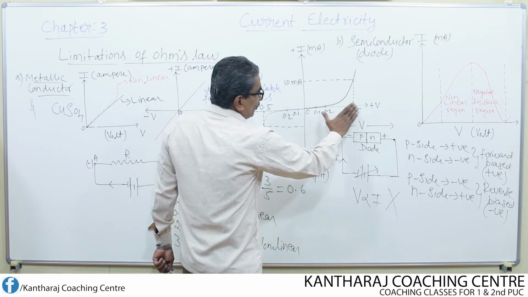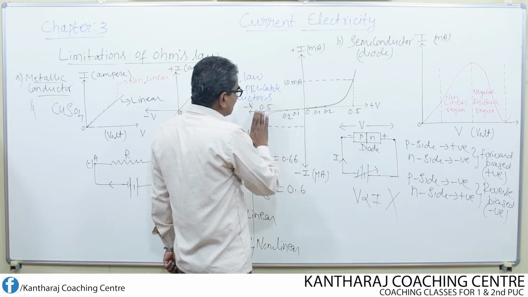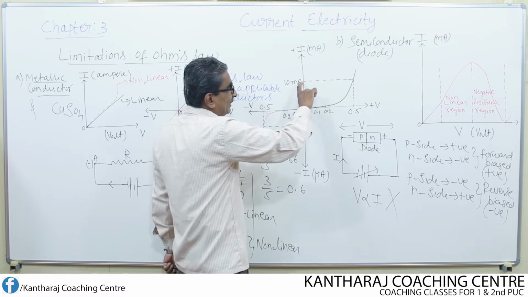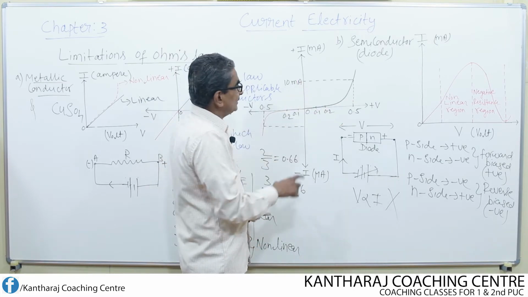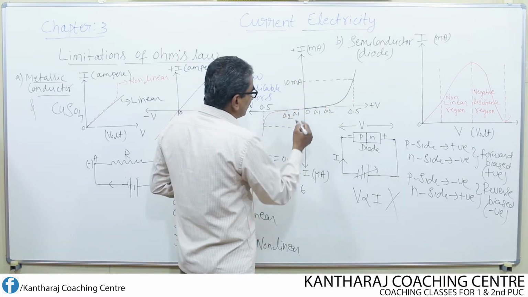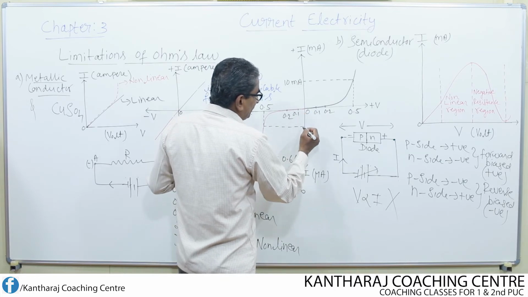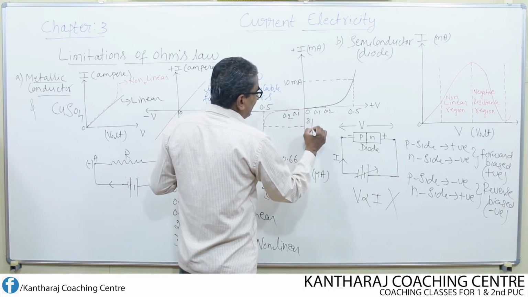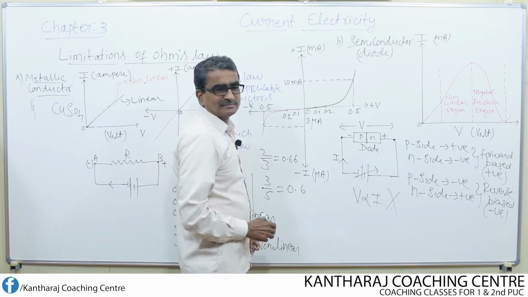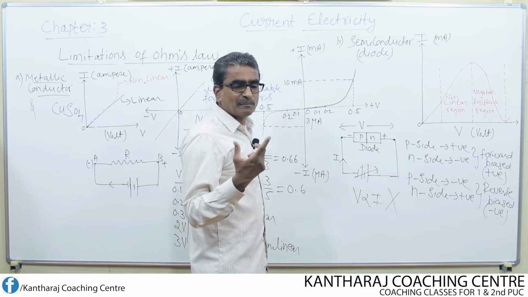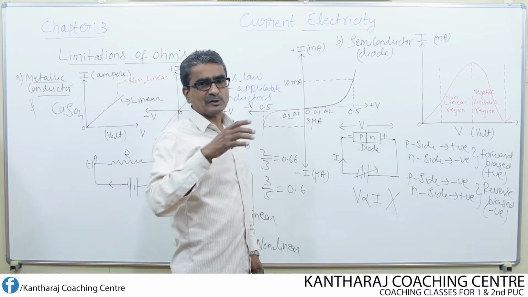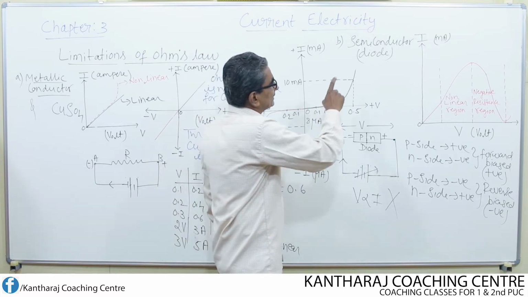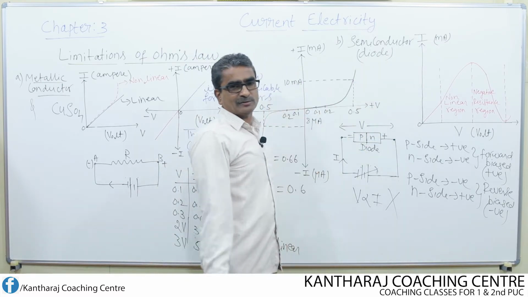So for the same voltage, in both forward bias and reverse bias, the current values are different. If it is 10 milliamps here, here the current may be, for example, 8 microamps. This is another point we have to remember in the case of a semiconducting diode.